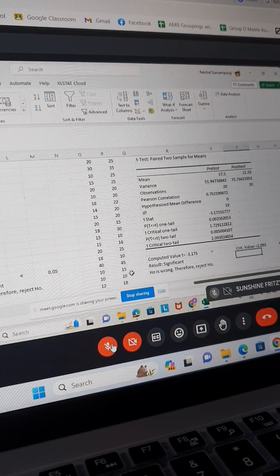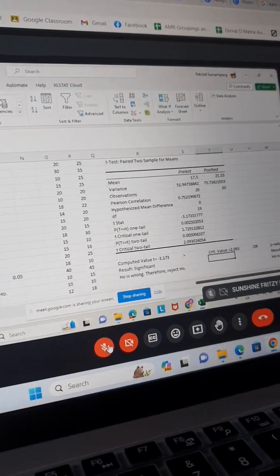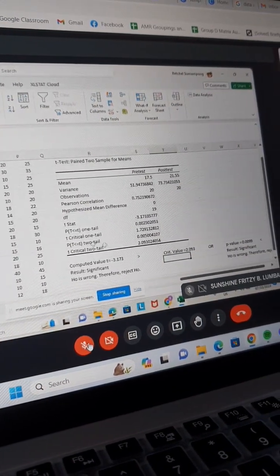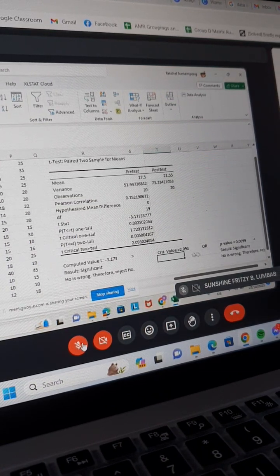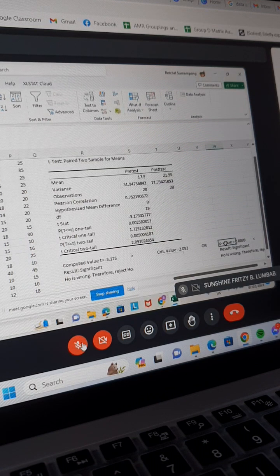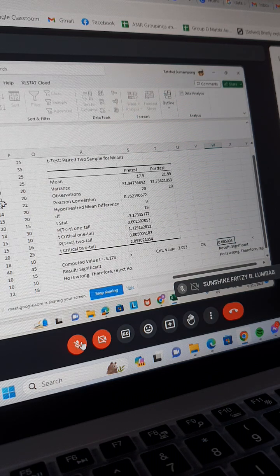Now, we will use the probability value. Since we are using two-tail for the critical value, the total is our basis. How much? 0.005004.